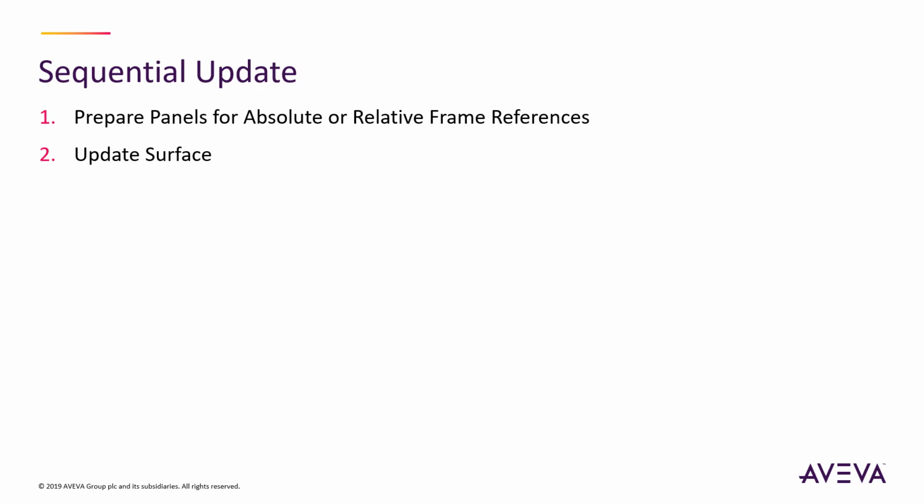The first change we'll make will be to update the surface. Next, to actually impart the change onto the design itself, we would change the frames. This invokes the translation if we're using relative frame references, so that is where this information is key in this process.